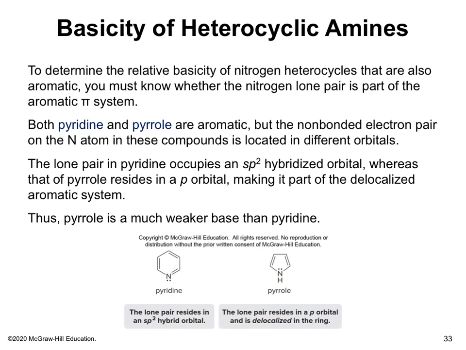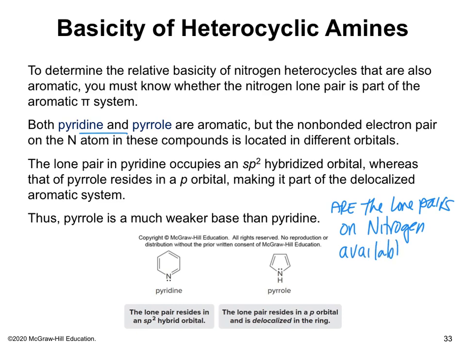Okay, so what about the heterocyclic amines? Well, they're a little bit more challenging because you have to decide, are the lone pairs on the nitrogen available to get a proton? Okay, so that's really the question you're asking. And so going back to here, do you remember that that lone pair would be delocalized in an sp2 orbital?